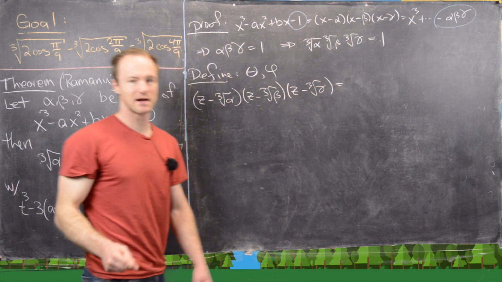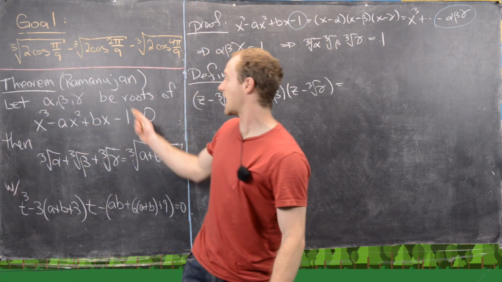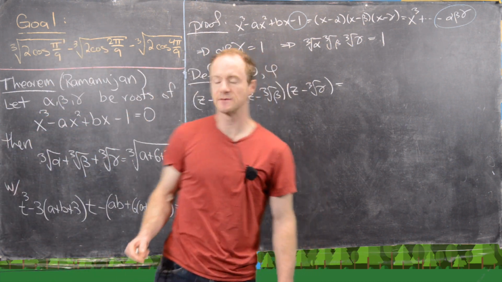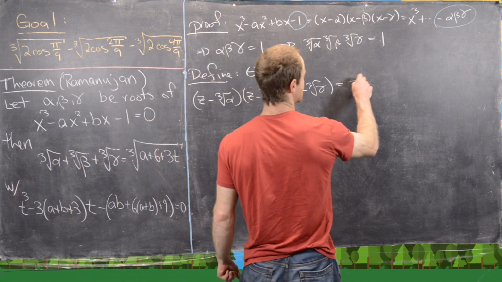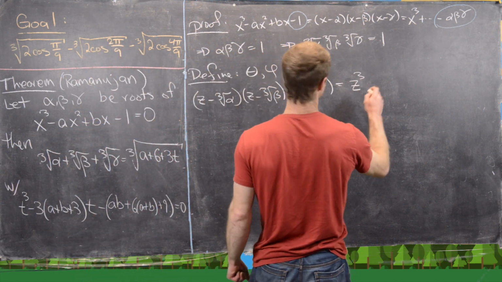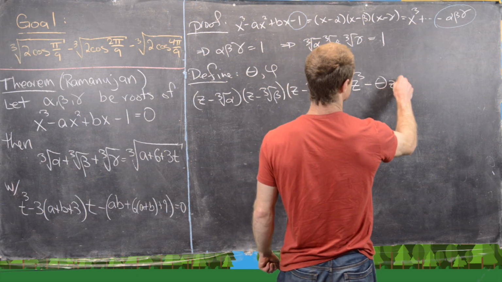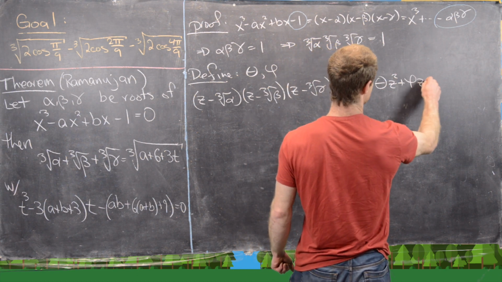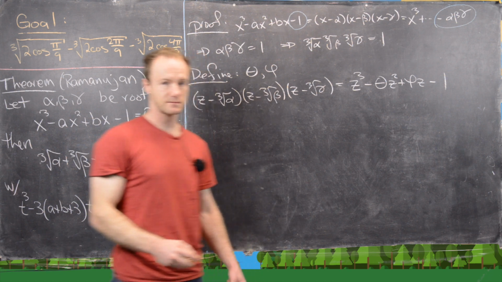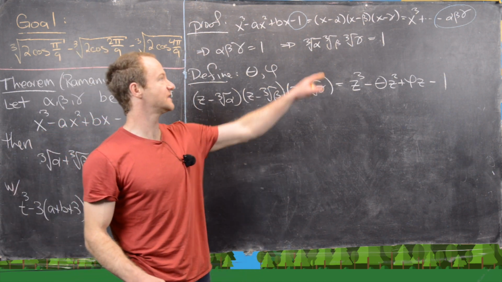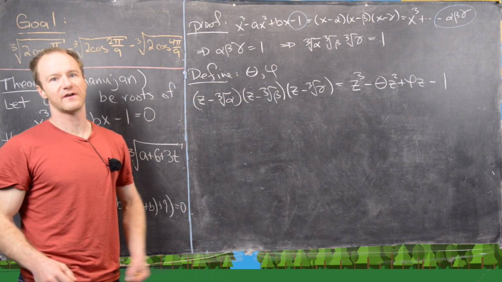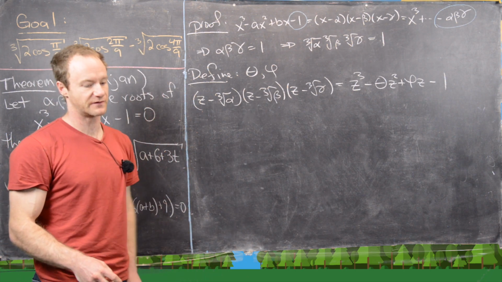So notice that's going to multiply out to something kind of similar to this, except we'll have different coefficients, and we'll name those coefficients. So here we'll have z cubed minus theta z squared plus phi z, and then minus 1. And again, we know that this is minus 1 because that coefficient is negative cube root of alpha times cube root of beta times cube root of gamma.